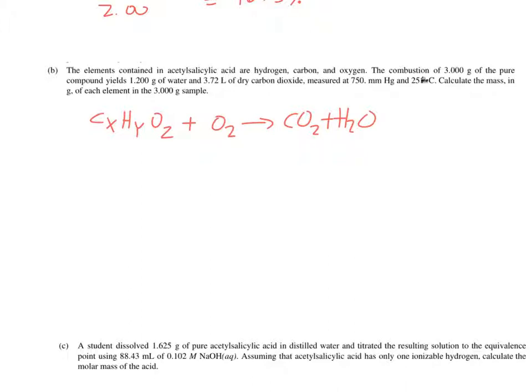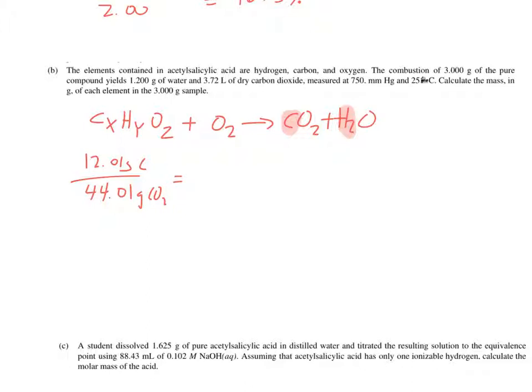So what we're looking at here is first identifying what percent of carbon is in CO2, and then what percentage of hydrogen is in H2O. So carbon is 12.01 grams for every 44.01 grams of CO2. So that's the percent by mass of carbon in CO2.